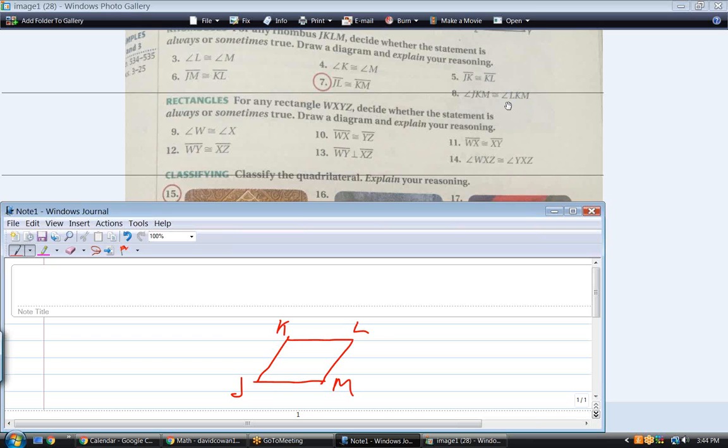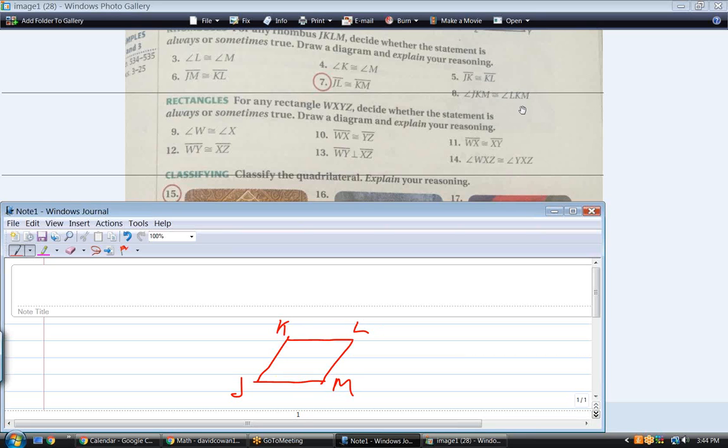In other words, what is angle LKM? The way I labeled it, you can't tell. Had I gone counterclockwise, it wouldn't matter. In other words, it would have been JKLM. You still wouldn't know what LKM was.